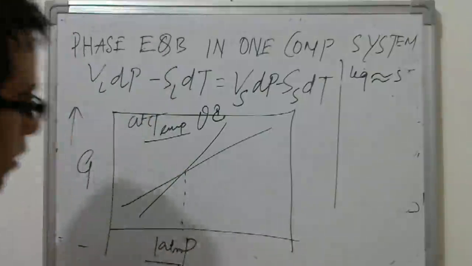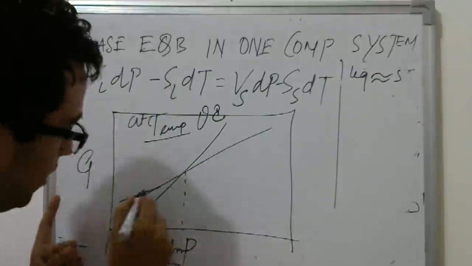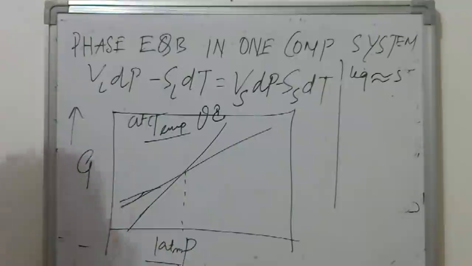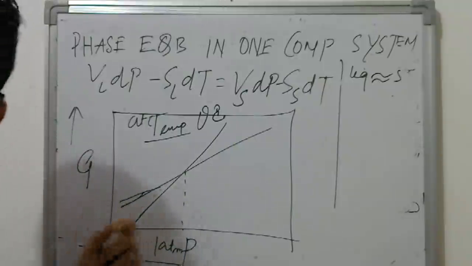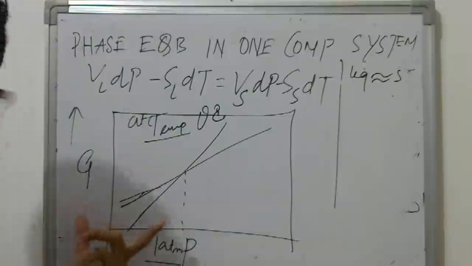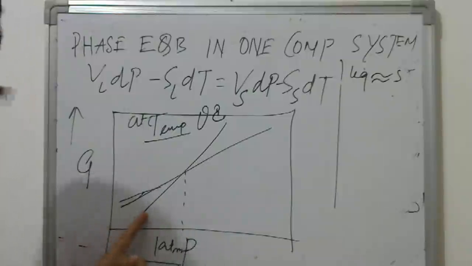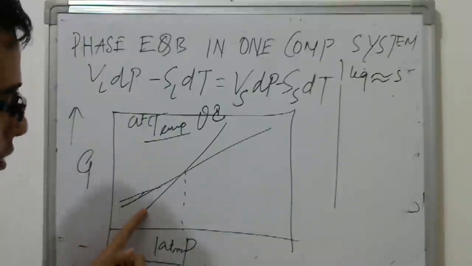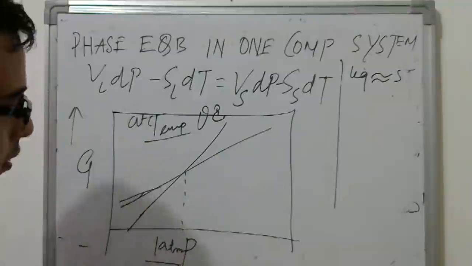Look here. I always talked about one thing, that the free energy of the final state will always be lesser than the free energy of the initial state. So liquid must have lower free energy than solid above the freezing point.